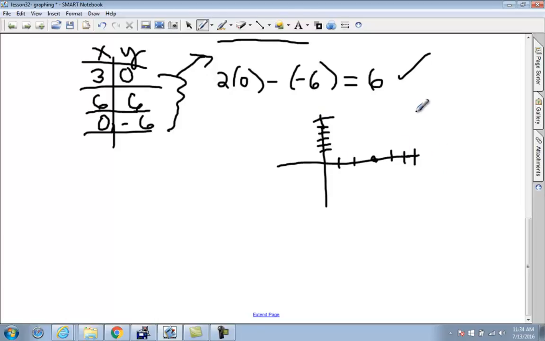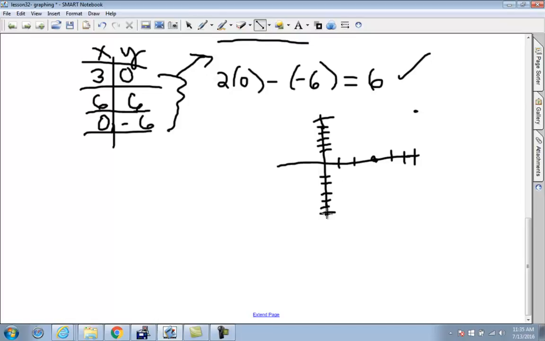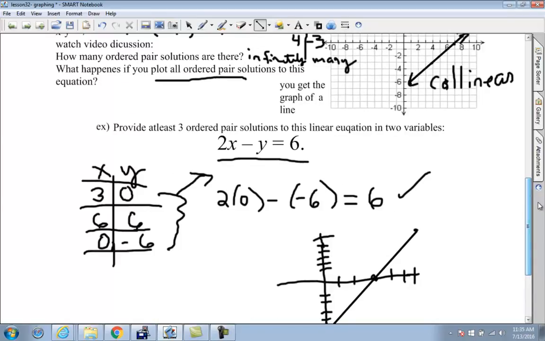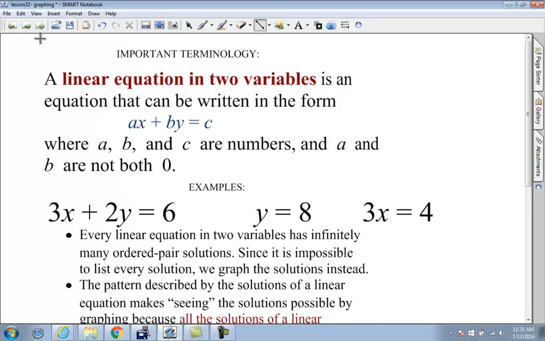So over 6, up 6, and then 0, -6, 1, 2, 3, 4, 5, 6, that's down here. And indeed, all those points are collinear. Okay? Like I said, if I snip the graph paper in there, that'd be easier to see. Okay, hope that helps. Let's move to the next slide.